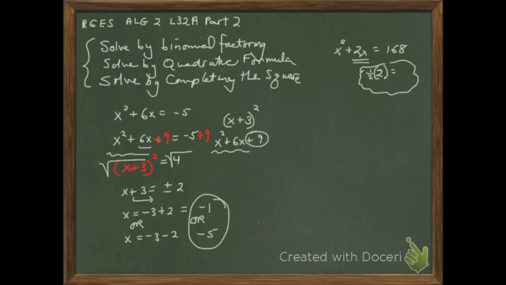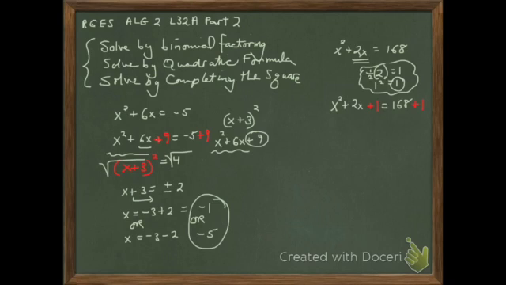Half of 2 equals 1, and 1 squared equals 1. Now, how does that help me? So I'm going to think x squared plus 2x plus 1 equals 168 plus 1.